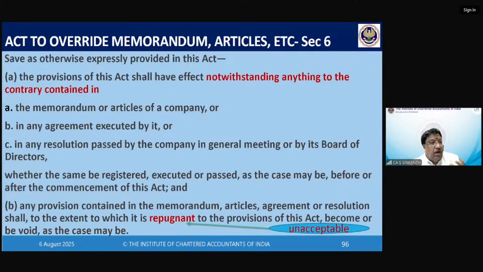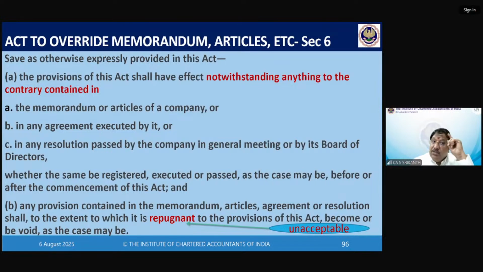So the directors cannot borrow money outside of the main object. If the company's main object is software, they cannot borrow money for carrying on trading business. Though the articles permit me to borrow, it is ultra vires the memorandum.